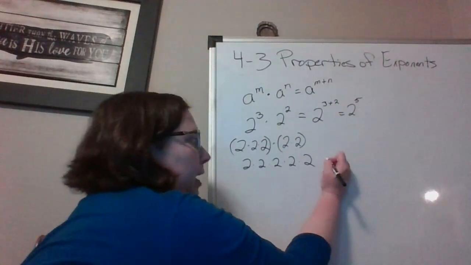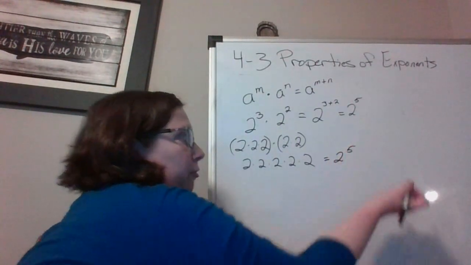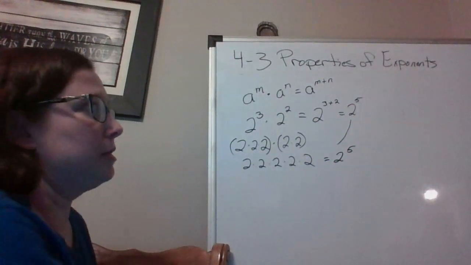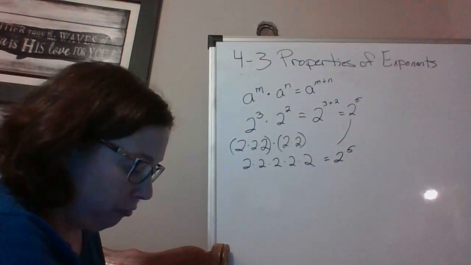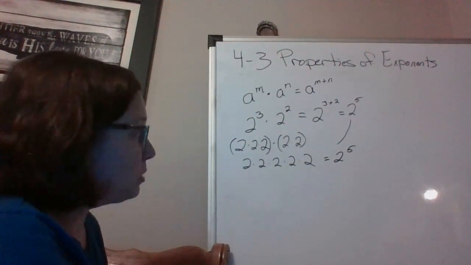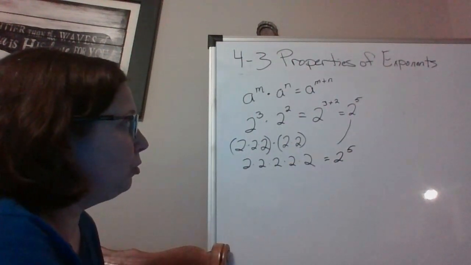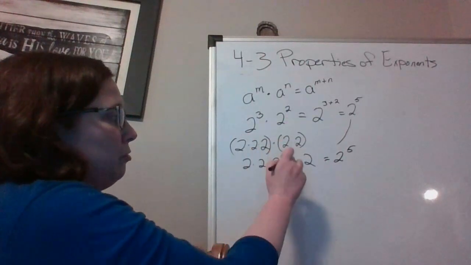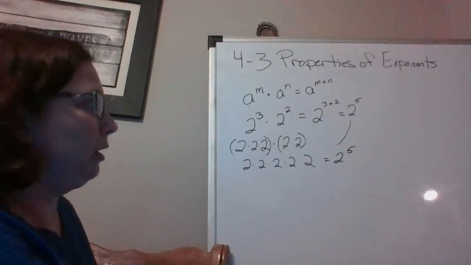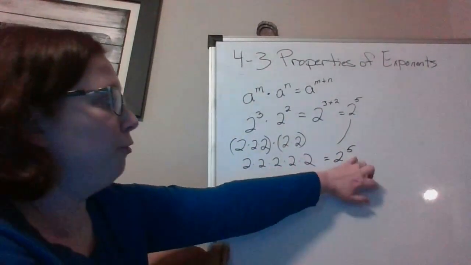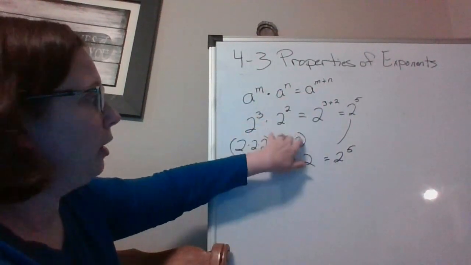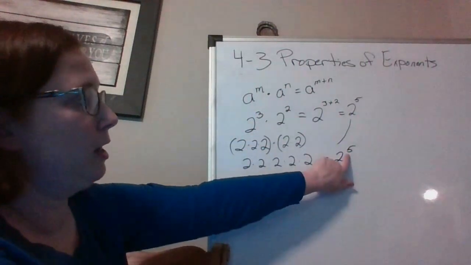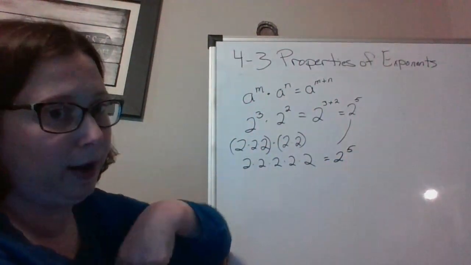How many of them do we have? 5. So you can see those are the same. If you forget what the property of multiplying exponents is, you could write this out and figure out pretty quickly, realizing that you have 5 2's and your exponents were 3 and 2, that you would add those exponents together to get your exponent of 5.